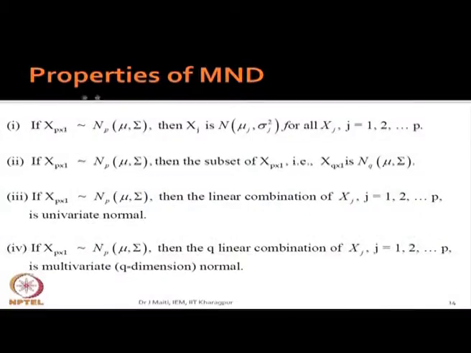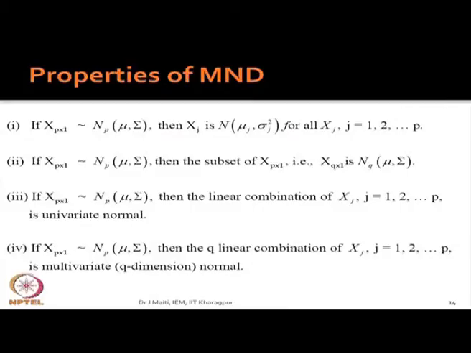You see the first property. If x is multivariate normal, then all the variables individually are univariate normal. Very obvious. That means, if there are x1 to xp and they are simultaneously multivariate normal, then x1 is also univariate normal, x2 is univariate normal, xp is also univariate normal.